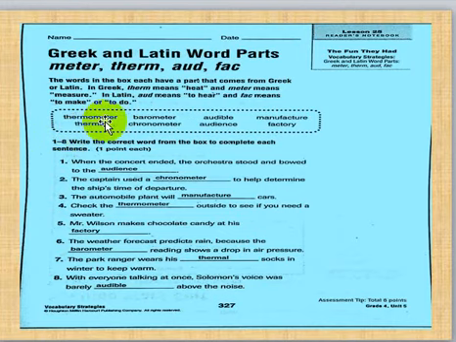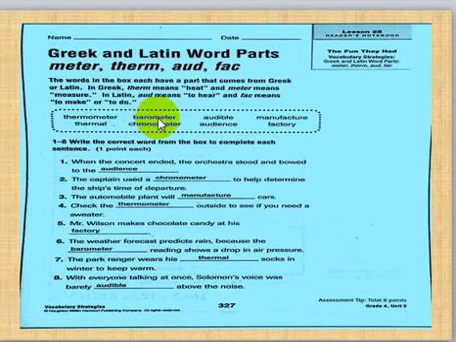Thermometer, a device, shows how hot or cold something is. Okay, you understood it? Barometer, means what?